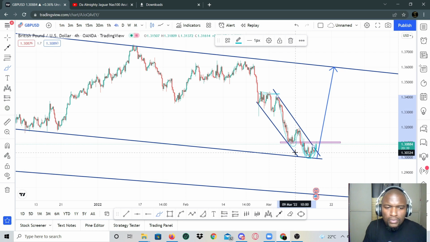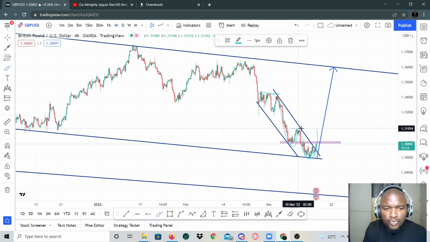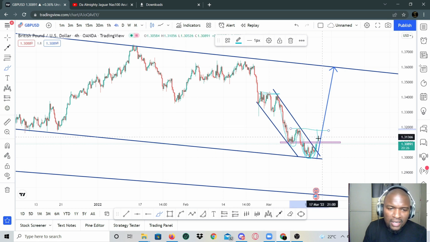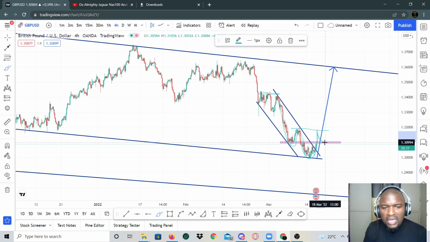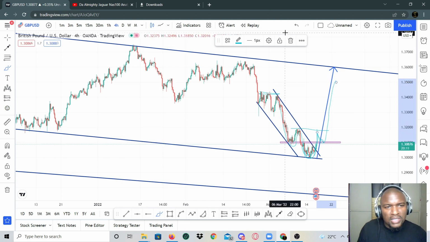It has already made a head, which is one of the reversal patterns in the markets. Price has broken down on these levels, and we are expecting price to break this neckline right here. Once price breaks this neckline, we expect it to come back and treat it as support for a further push to the upside.